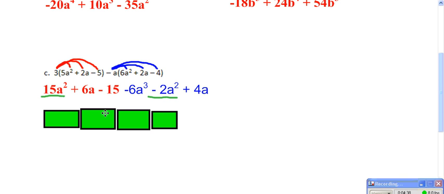I'm going to go ahead and just write this down in standard form. Obviously, in standard form, the first thing that we would need first is the a to the third. So we would come up with negative 6a to the third. We go ahead and add our a to the seconds here, 15a to the second minus 2a to the second, we wind up with 13a to the second.